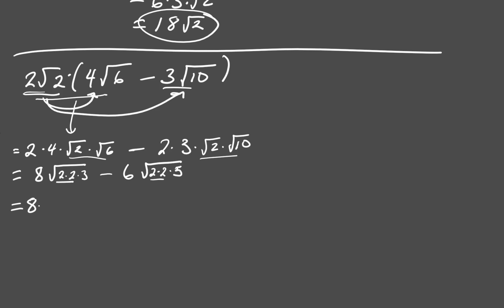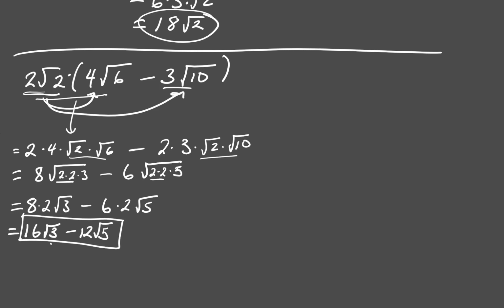So I've got 8 times 2 times the square root of 3 minus 6 times 2 times the square root of 5. This is 16 square roots of 3 minus 12 square roots of 5. And I can't combine like terms any further because I've got square roots of 3 and square roots of 5, so that's where we stop. Okay, so we can use this distribution property on radicals. We just have to simplify and make sure that we've combined all the like terms afterwards.